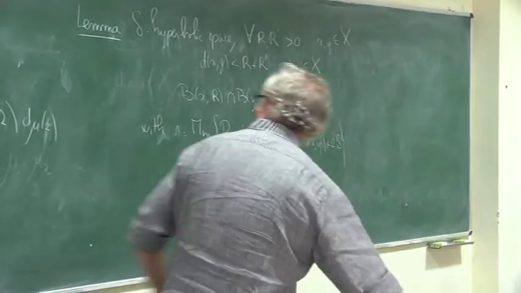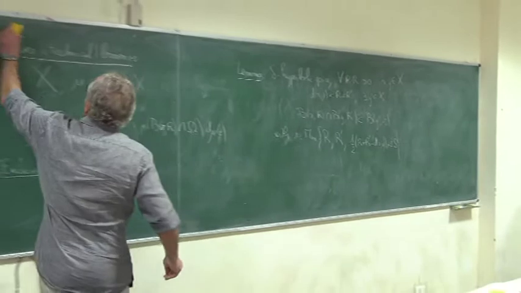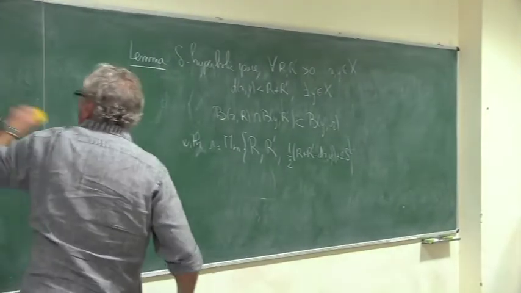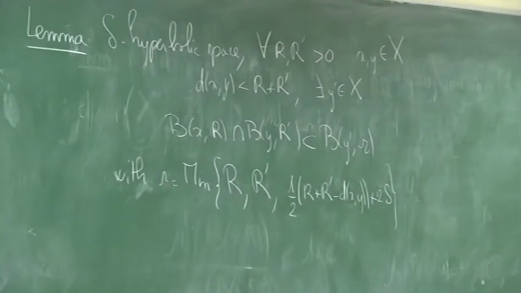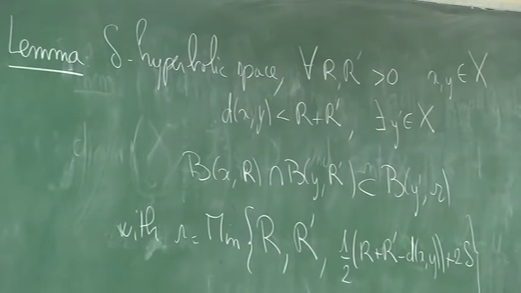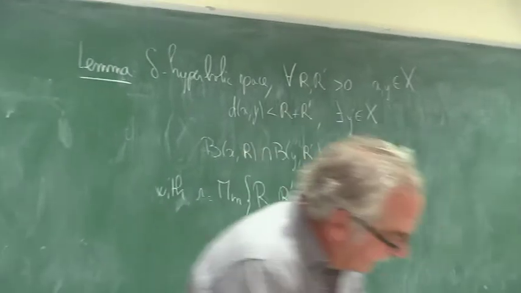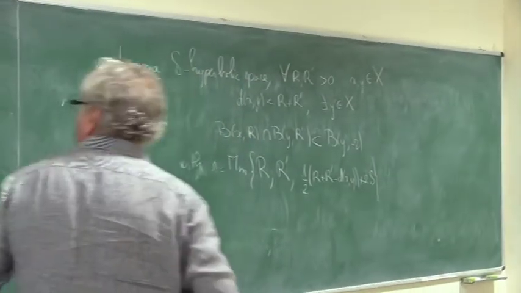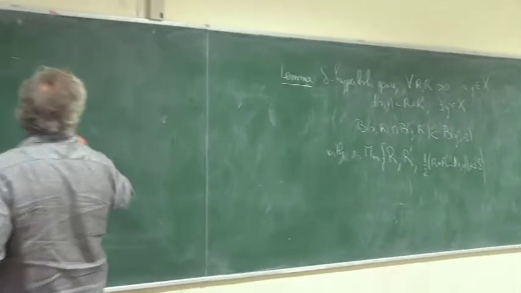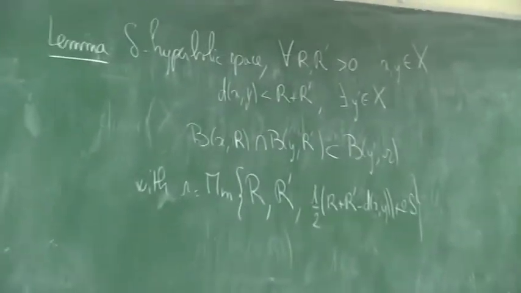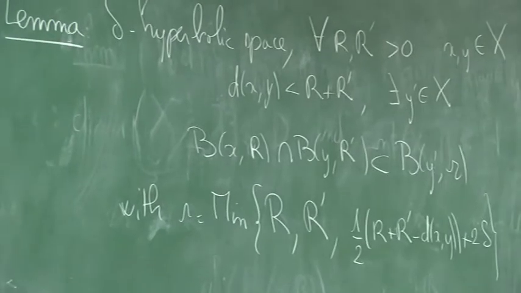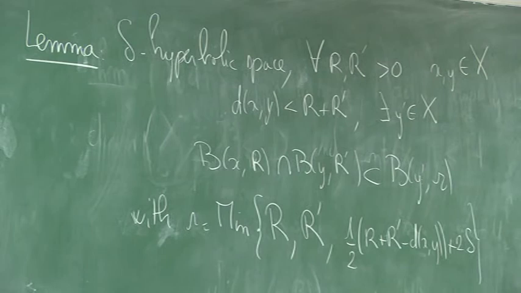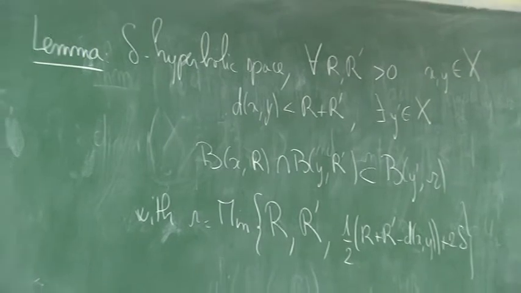Right, so the picture is the following. If you have questions, please do not hesitate. I'm not sure I can answer all questions. I'm sure that I cannot answer all questions, but at least I can pretend that that is possible. So x and y are at distance less than r plus r prime. For the sake of simplicity, we can take r equal to r prime in the picture, so they are at distance less than 2r.